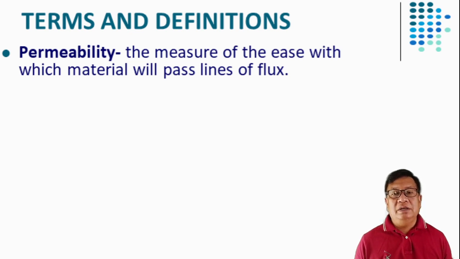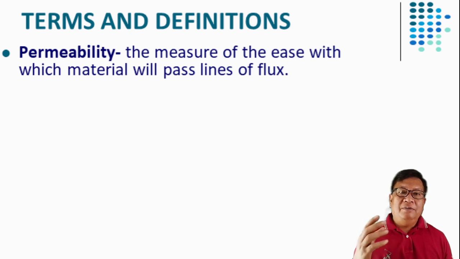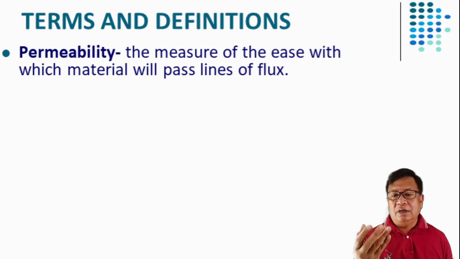By the way, this flux is what we sometimes call the magnetic line of force. So magnetic line of force, magnetic field, and fluxes are all the same thing. Do not be confused with that. So permeability is the measure of the easiness with which a material will pass lines of flux.